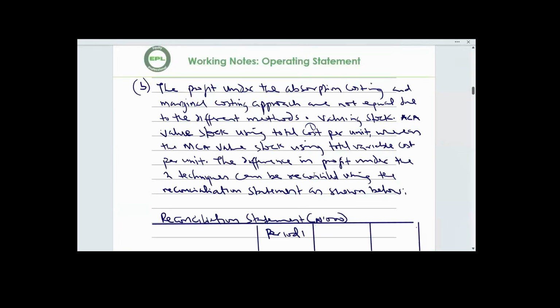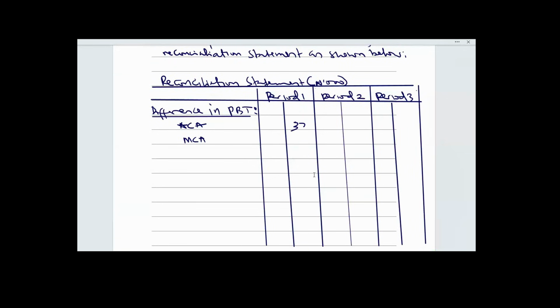So here will be 32. Under MCA, first period, what do we have? 24. What's the difference? 8. 8 is the difference. So this is difference in profit.